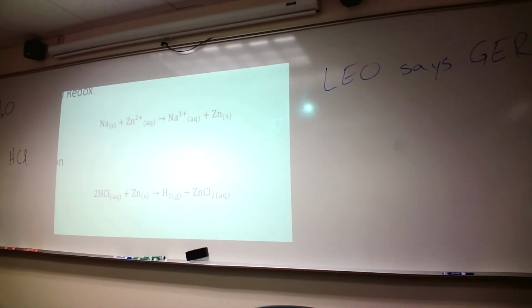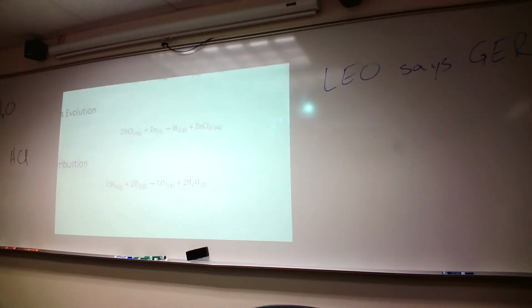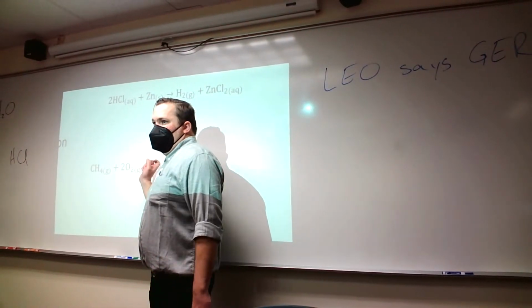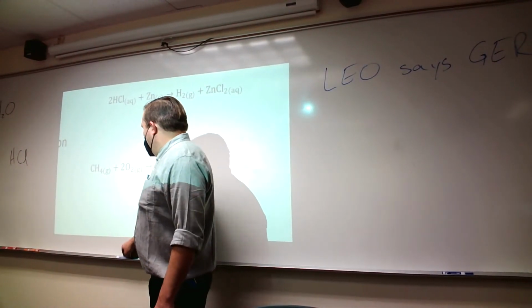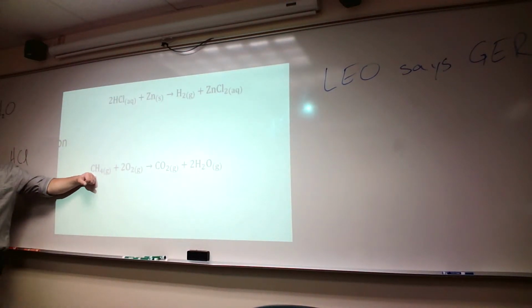All right, so let's talk about how we tell if something is being oxidized or reduced if it's not an ionic compound. In this case, I'm telling you it's a redox reaction, but that means we should be able to see the charges changing to some extent.